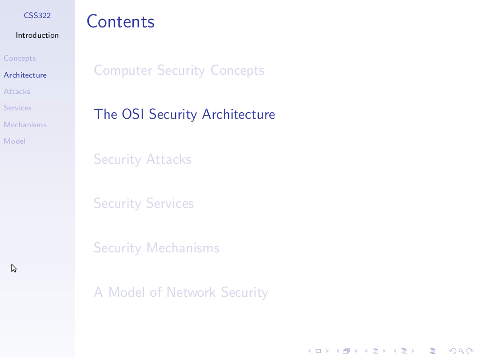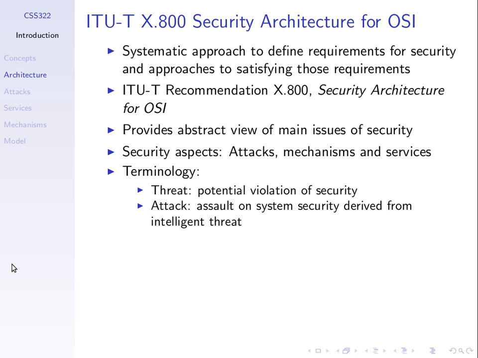And OSI actually focuses also on security. So ITU, a telecommunications standardization organization, has come up with a standard that says what we mean by security and what we mean by security architecture. We're going to look briefly at that just to get some of the concepts out.